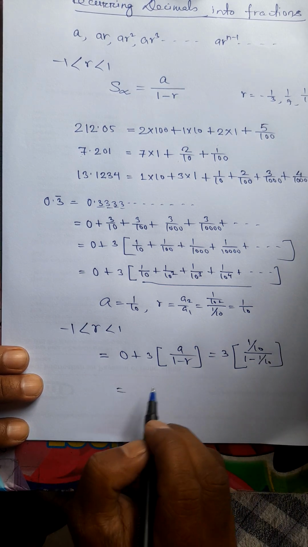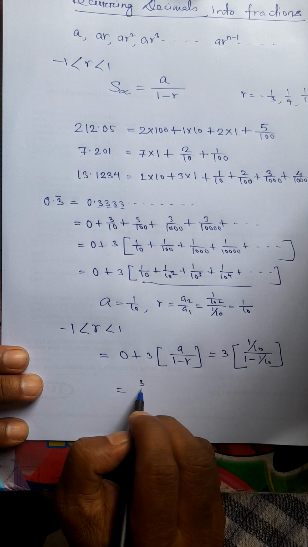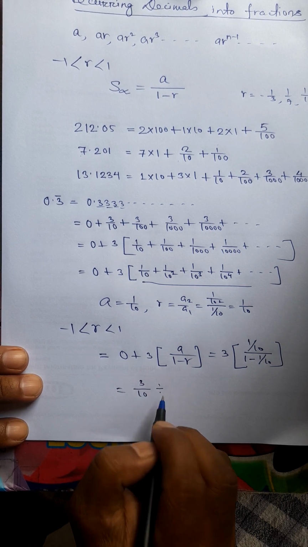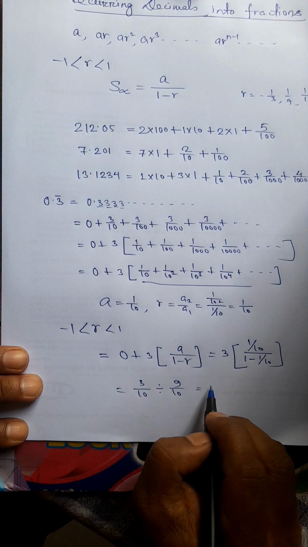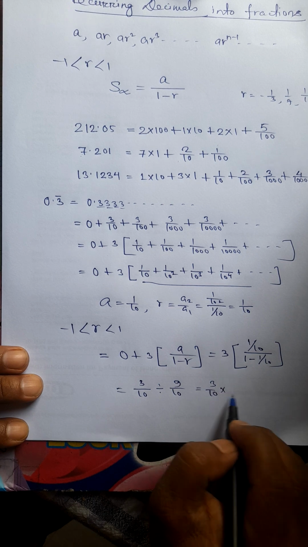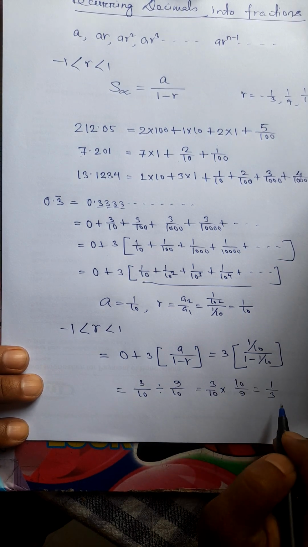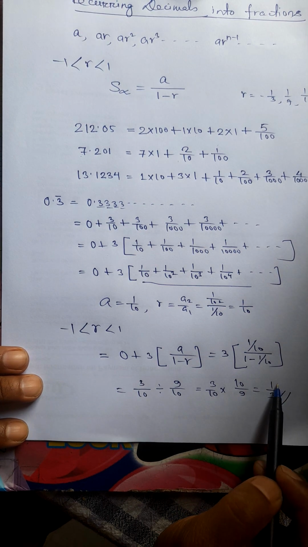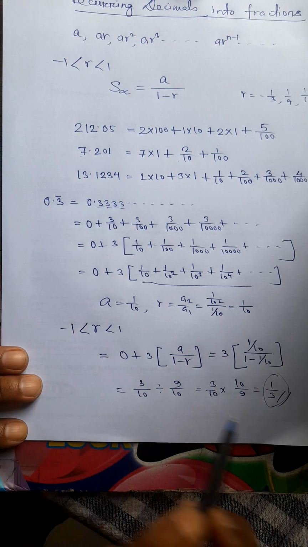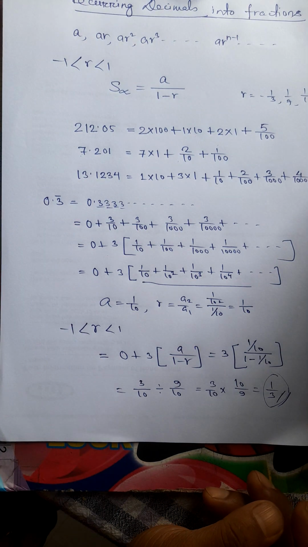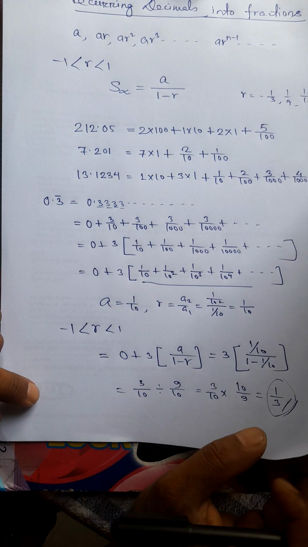So let us simplify this. 3 multiplied by 1 by 10 means 3 by 10 divided by, this becomes 9 by 10. So we will write it as 3 by 10 multiplied by 10 by 9. So after simplification it becomes 1 by 3. So this is the fractional form of 0.3 recurring. This is how you can convert a recurring decimal into a common fraction using the properties of geometric progression.